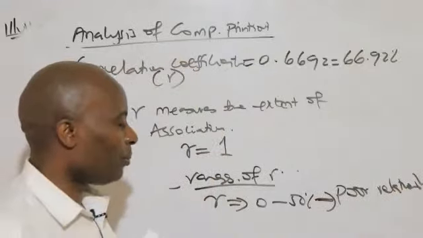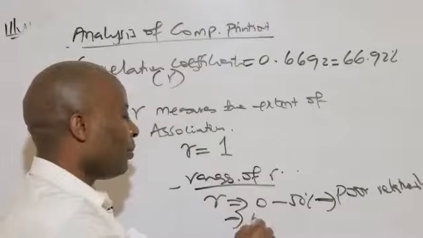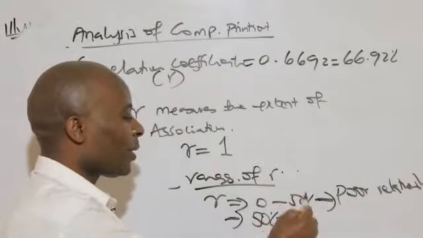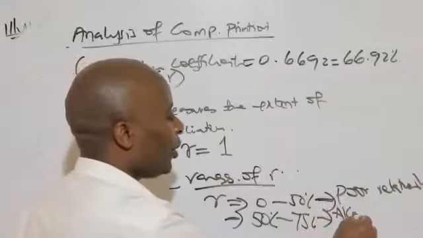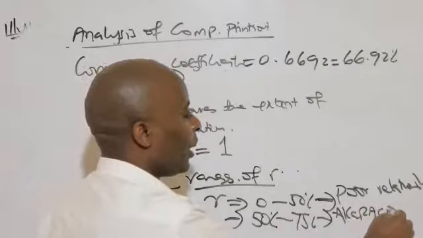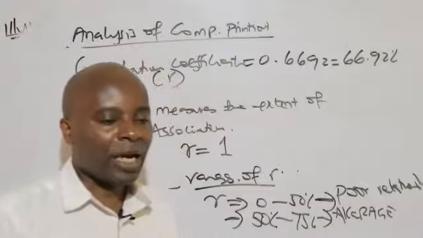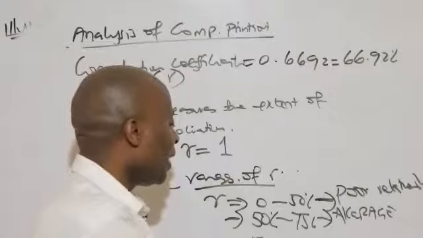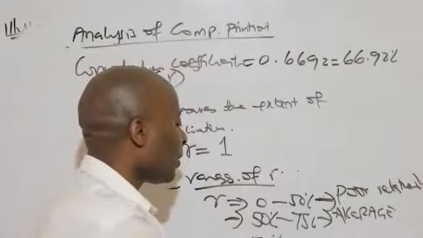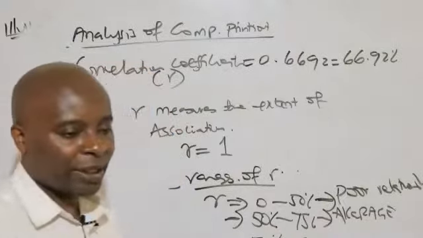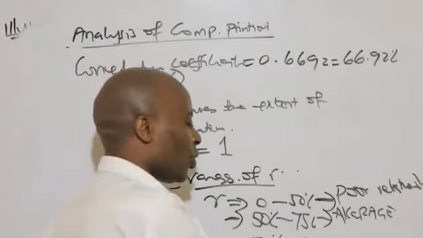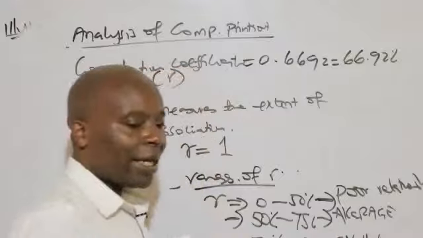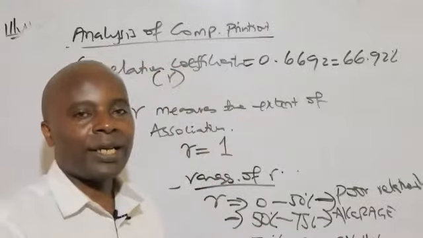Whenever our R falls between 50% and less than 75%, this is basically an average relationship. And anything that is more than 75%, all the way up to 100%, indicates excellence. So this will be an excellent relationship.